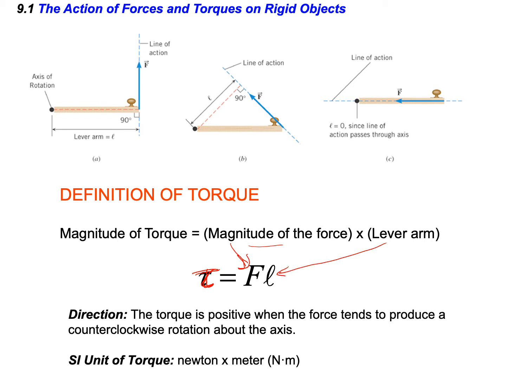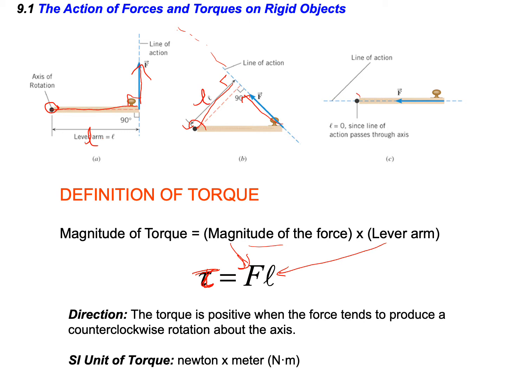If this is the axis of rotation and this is the force, the lever arm L is the perpendicular distance from the rotational axis to the line of this force. So this is the perpendicular distance, this is the lever arm.